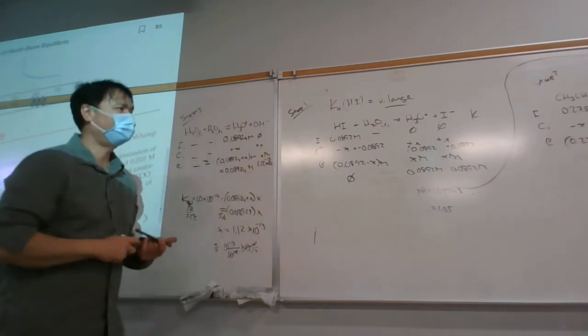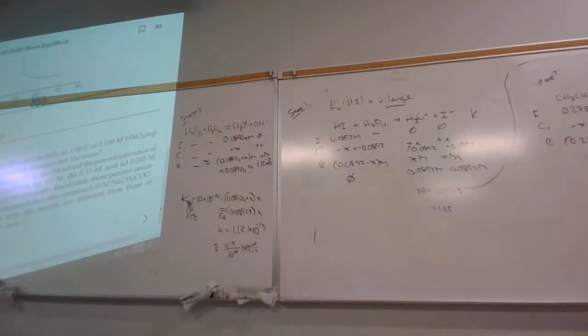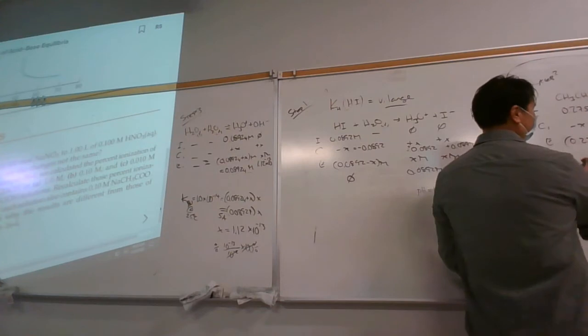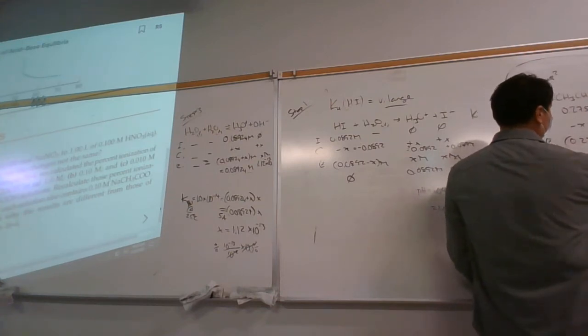Now, one thing we'd like to do is, even though, let's say, we're interested in the hydronium, we'll calculate everything just to make sure I didn't make any errors in this. And so over here, this is 0.2746.